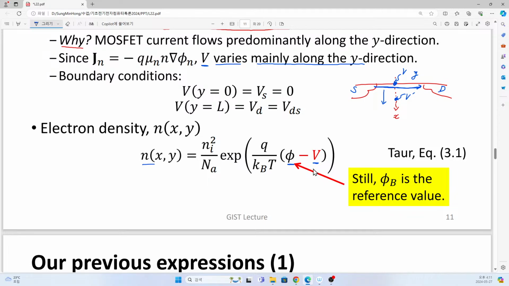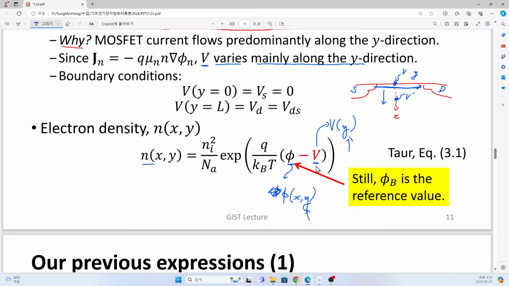the electron quasi-Fermi potential. Please note that now, when we consider a certain Poisson equation, we can treat this y as a given value, and in this case, V is only a function of y. Since the y value is given, this V is just a constant.